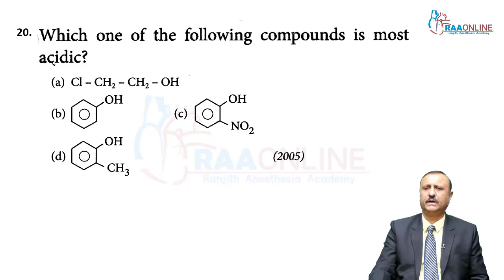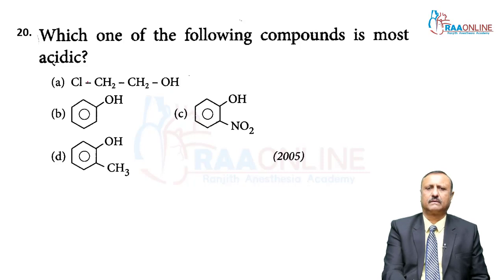Here, NEET 2005, this is the phenol, and here CH2Cl and CH3 groups are present in compound A. Here the chlorine accepts electron density, but the alkyl group repels the electrons and increases the electron density of the oxygen atom.